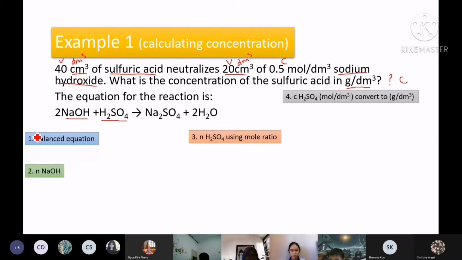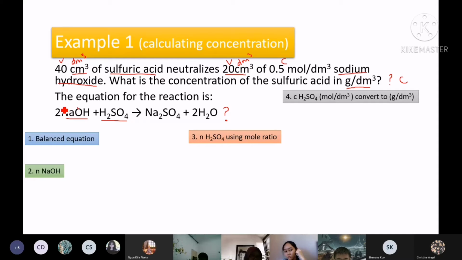Okay, let's go to the first step. We need to check whether this equation is balanced or not. The fastest way to check is to calculate the total number of oxygens at the reactant and product. How many oxygens here?